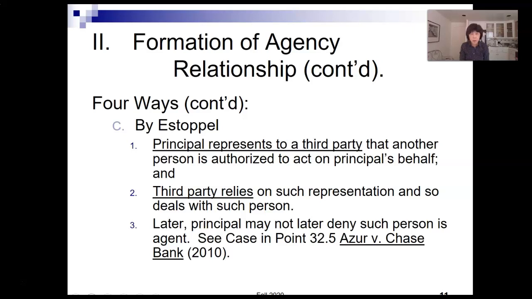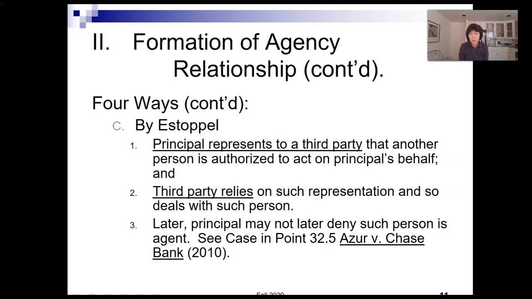Right, your text includes this case in point 32.5, Azure versus Chase Bank. Now in this case, Mr. Azure was the CEO of a company, and over 7 years he had his personal assistant help him, all right, with some of his personal affairs.